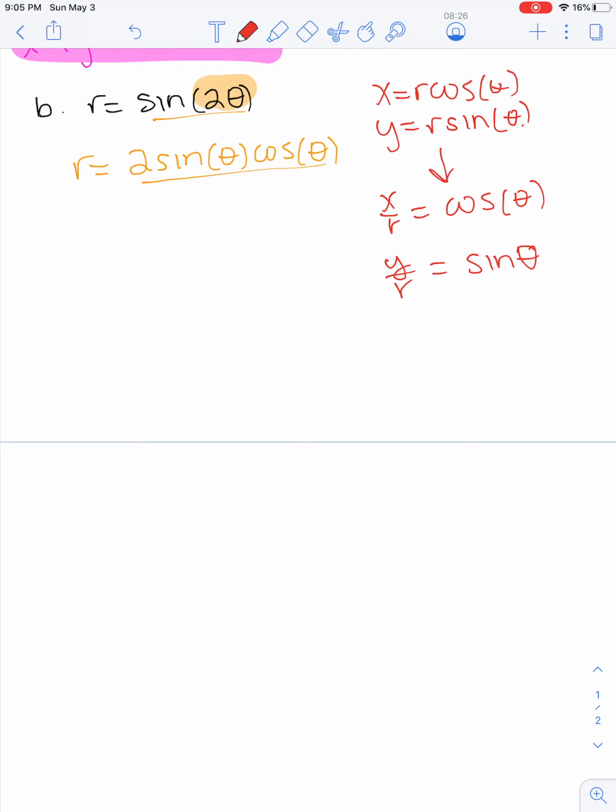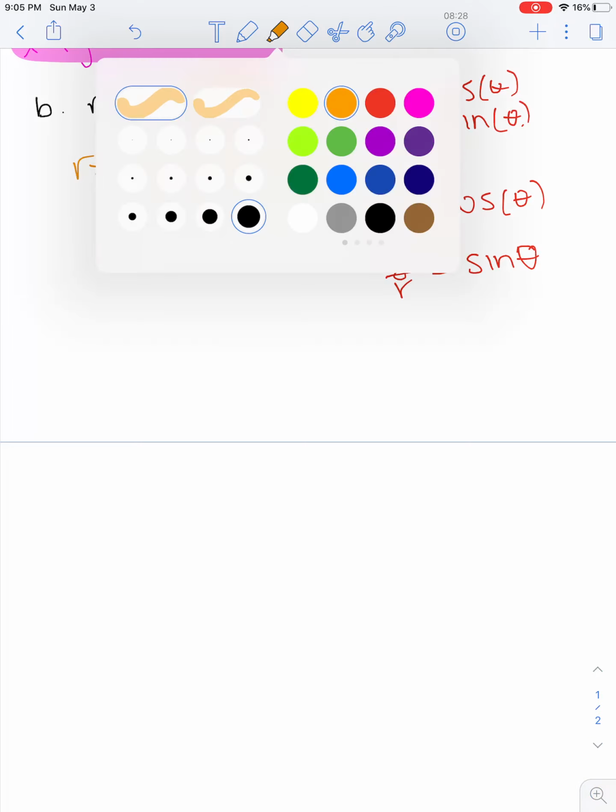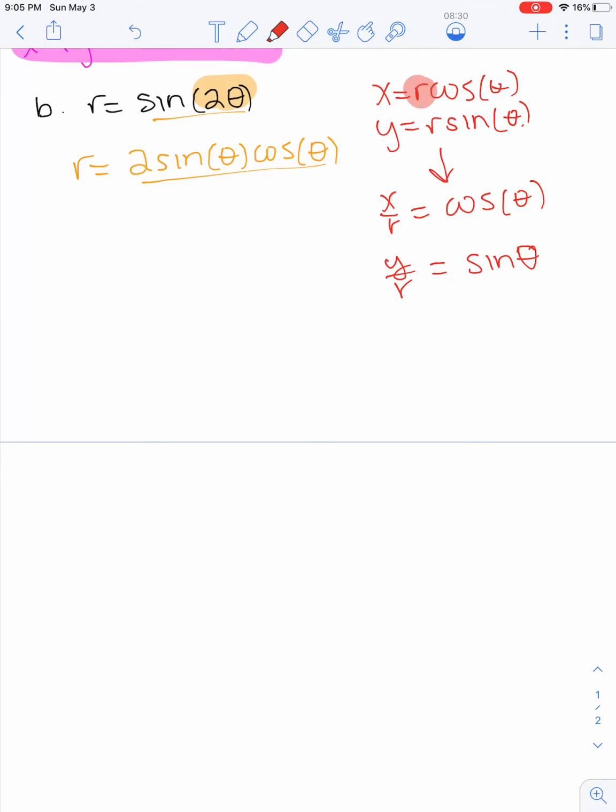So what you'll notice is I took the r on the right hand side in each equation and I divided it over to isolate the cosine and the sine so that I can substitute here into this equation. Sorry about that. So instead of r equals 2 sine theta cosine theta, I have r equals 2 y over r times x over r.